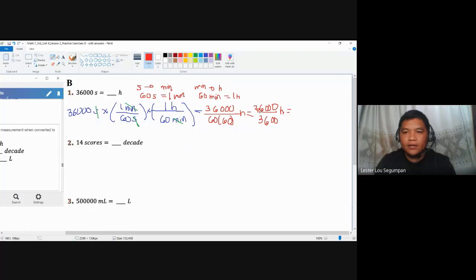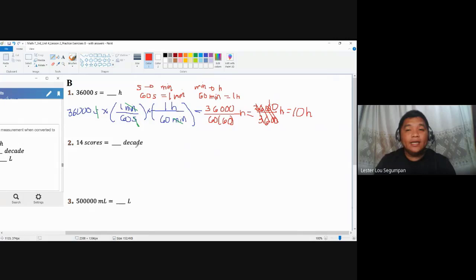And finally, 3,600 goes into 36,000 ten times. So 36,000 seconds is equivalent to 10 hours. So this is the result for item number one using the conversion factors of seconds to minute and minute to hour.